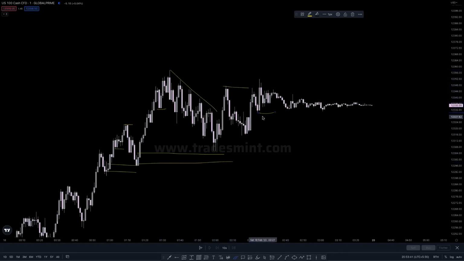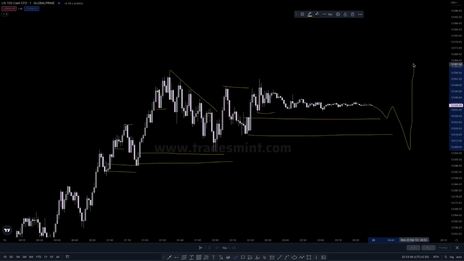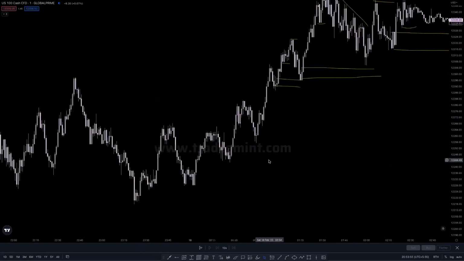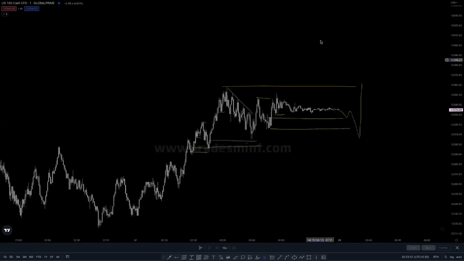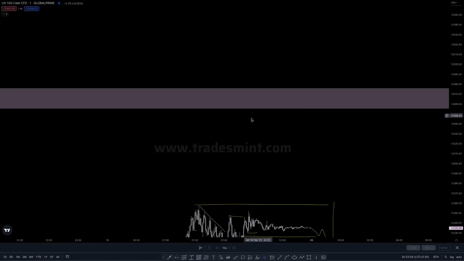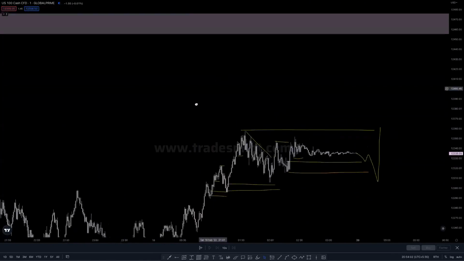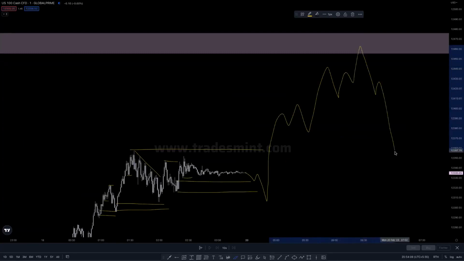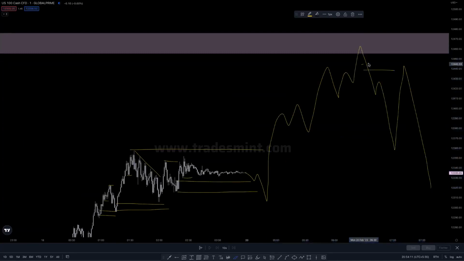Okay. Break the structure and continue going higher. So this is a POI as per the 15-minute time frame in US100. Then we can expect a downside move when price mitigates this one. CHoCH, flip, inducement, and sell.